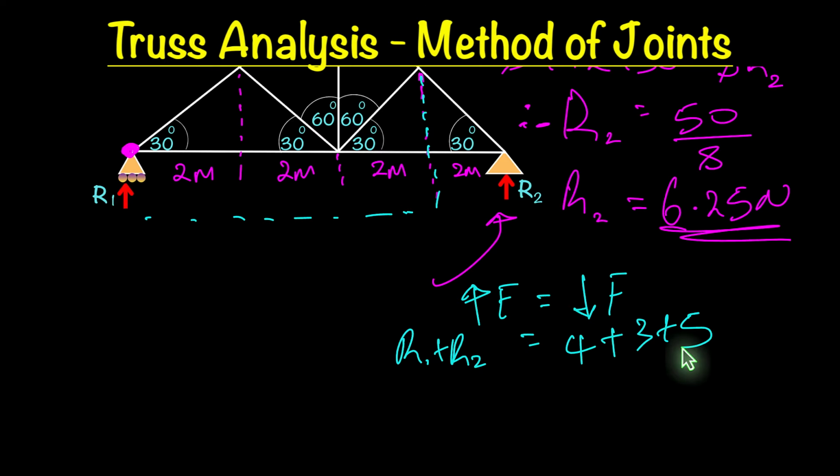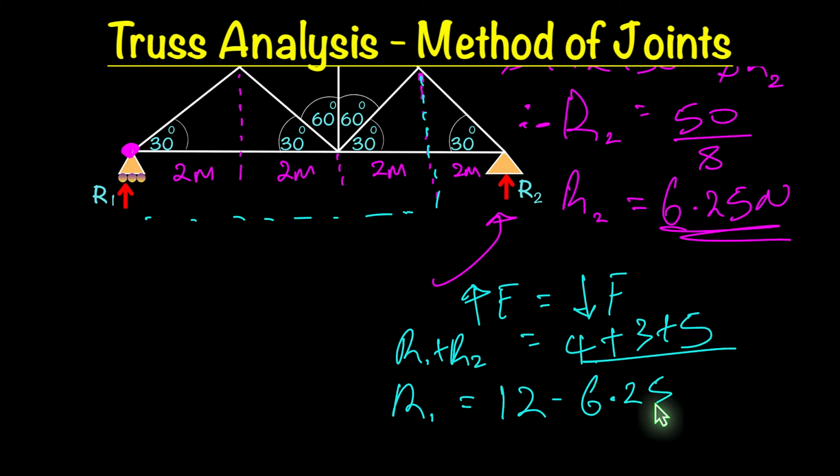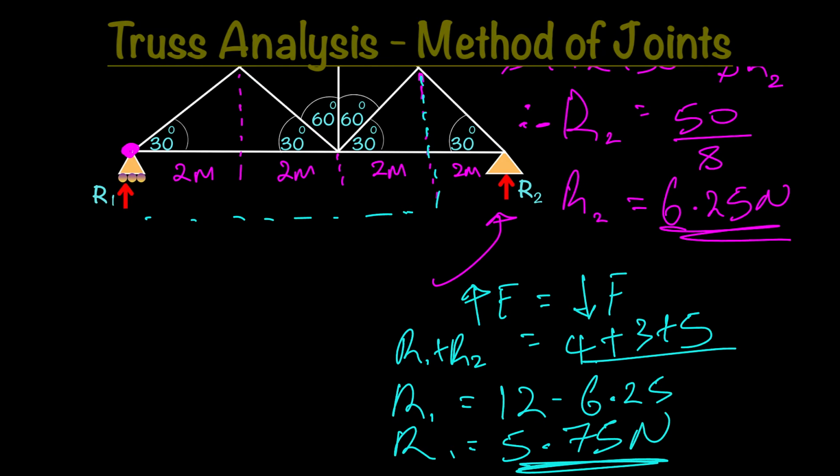Because we already know what R2 is, we can just sum these up and subtract our R2 value. So that gives us R1 as 12 minus 6.25. So the final answer for R1 is 5.75 newtons. So that's the reaction forces done, and we're now going to calculate the internal forces for each member.